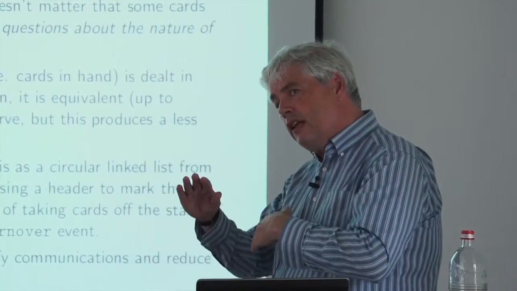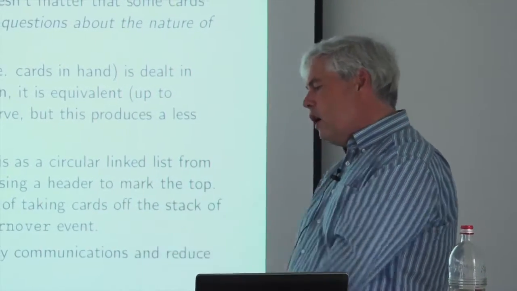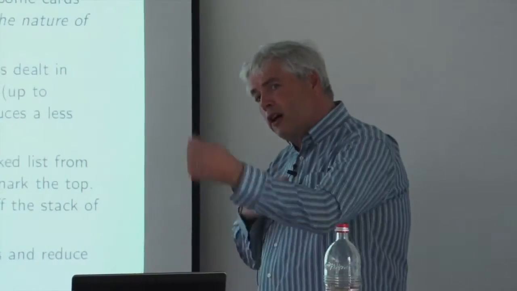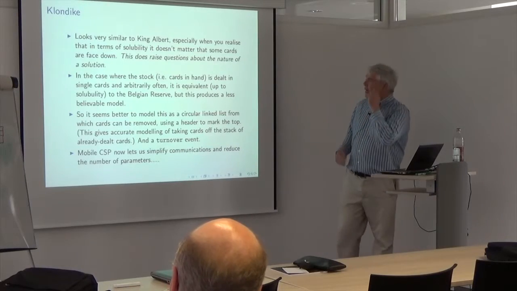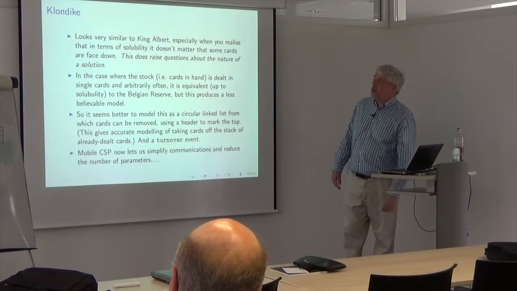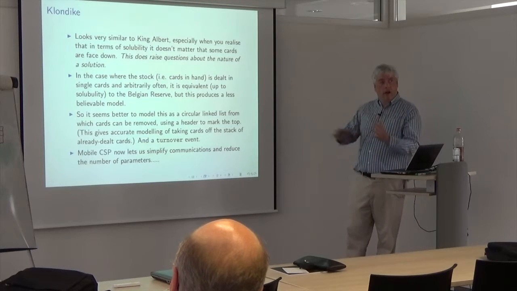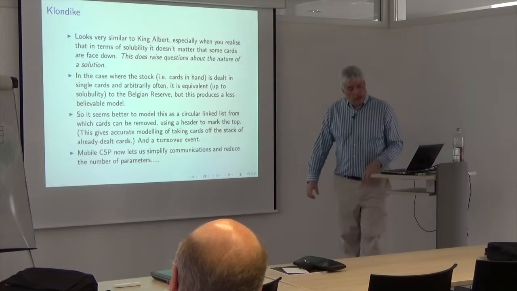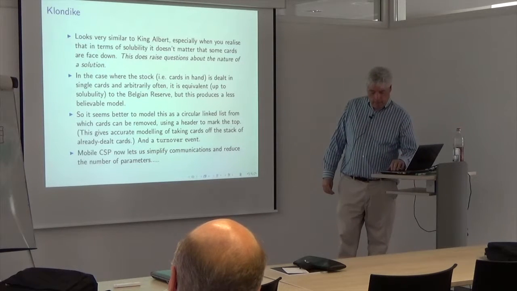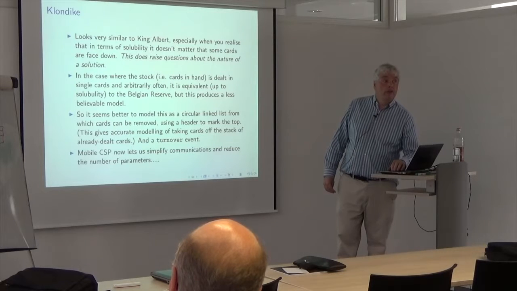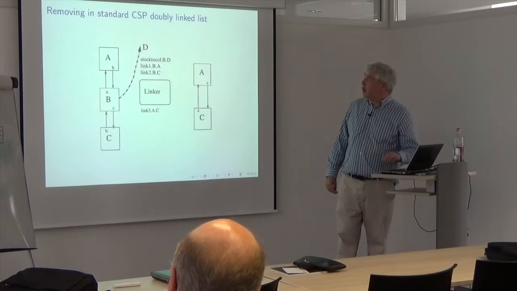That's hence the reason for the list being linked in the other direction. And of course you want to remove cards from it. And that actually is a reasonably strong argument for using mobile CSP properly, rather than the sort of mobile use of conventional CSP.